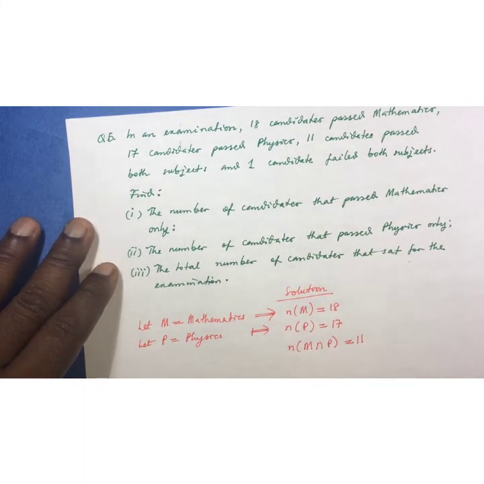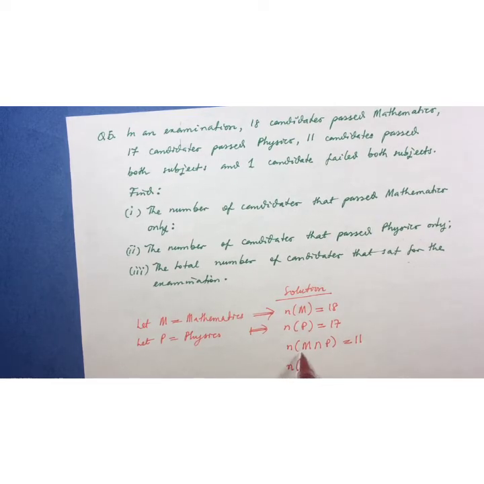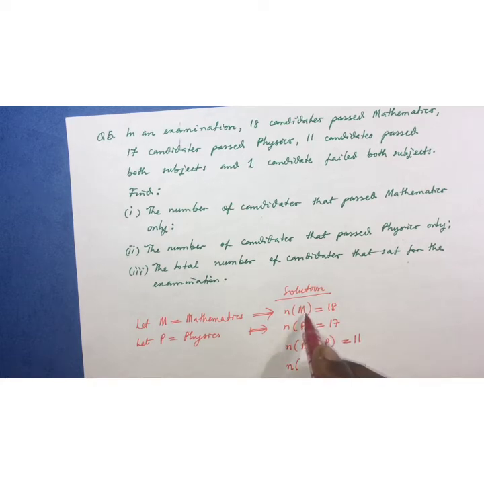Now, the number of candidates that passed both subjects is n(M intersection P). If you fail mathematics, then you belong to M complement. If you fail physics, you belong to P complement.